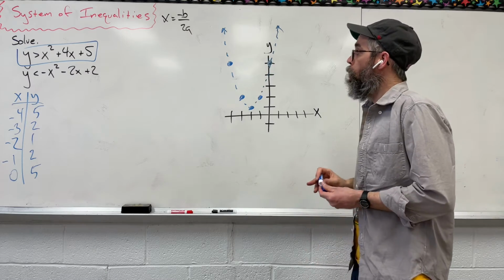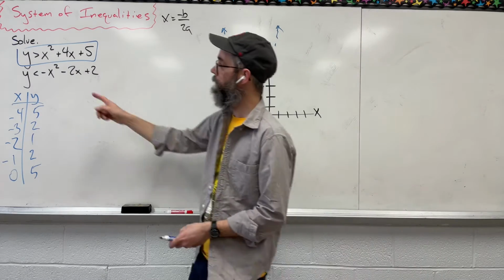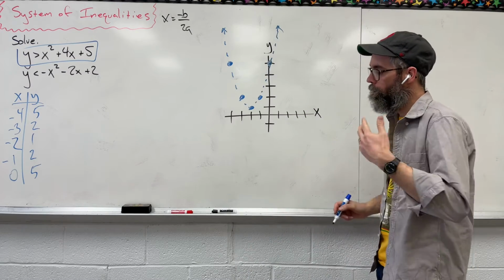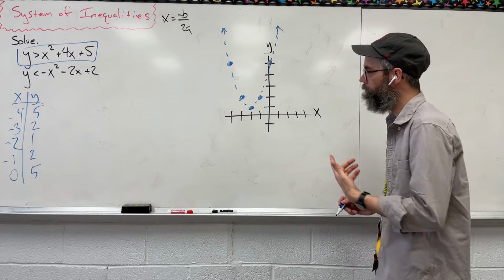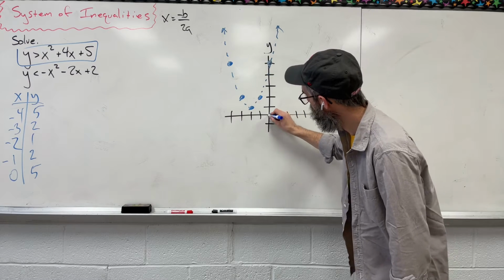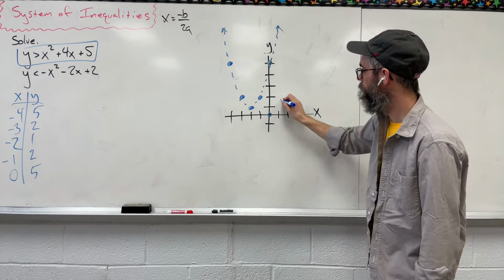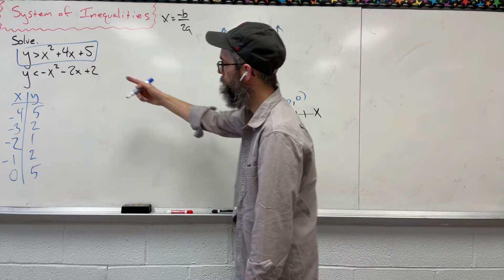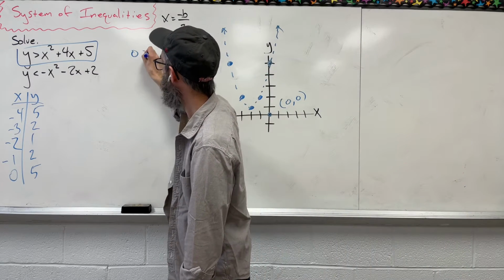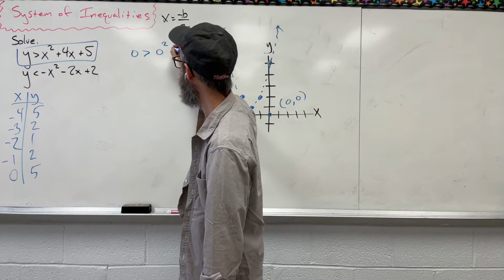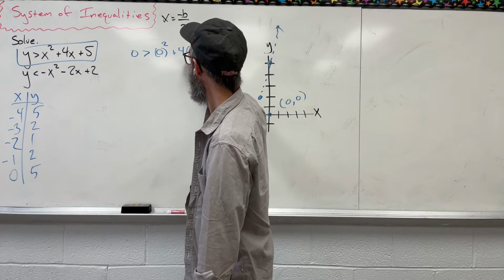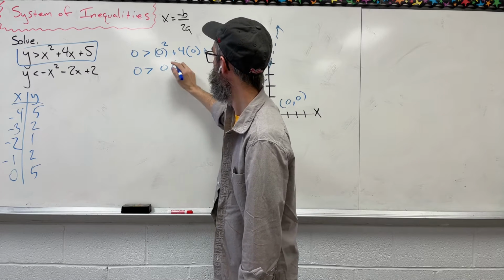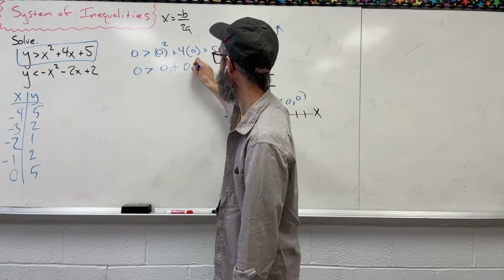Great. Once we have a dashed line, again, no equal sign means dashed. We also need to shade. Pick a point, any point, as long as it's not on that blue dashed line. Let's try and use 0, 0. 0, 0, super convenient. Things cancel out. Take it, plug it in for x and y. 0 equals 0 squared, minus 4 times 0, and 5, giving us 0 plus 0 plus 5.